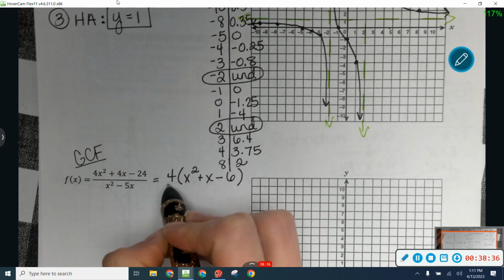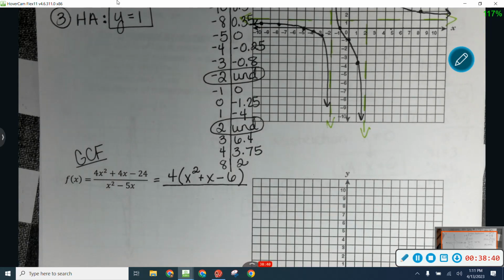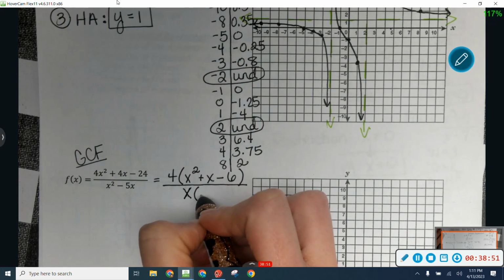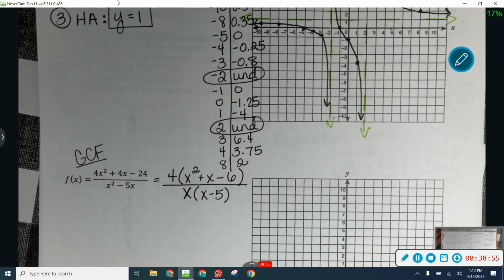Minus 6, all over. Now I have an x squared minus 5x. Can I do a GCF with that? Yes. What would it be? X. If I take out an x, that leaves me with x minus 5. Okay? So now I need to factor x squared plus x minus 6.